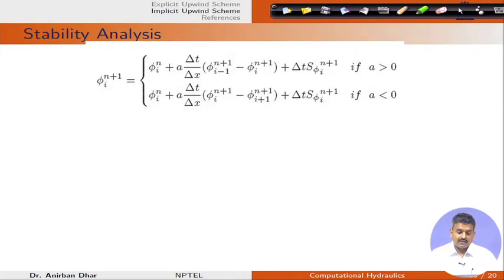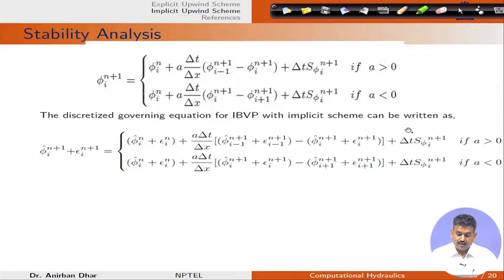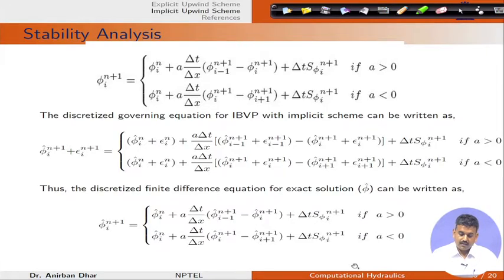So, for the stability analysis, again if we consider our final solution, we can discretize the governing equation with an implicit scheme, and in this case we can write the exact discrete equation for the finite difference solution.